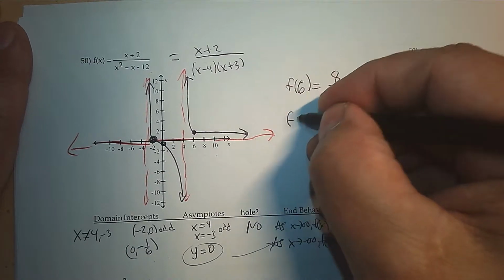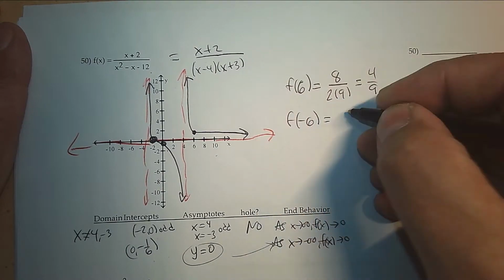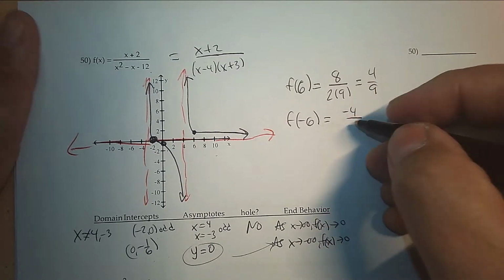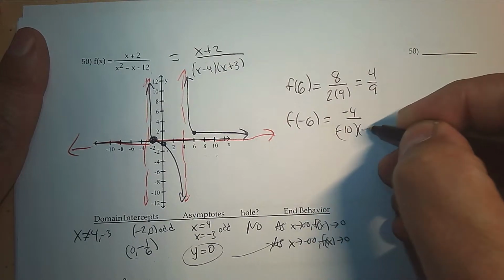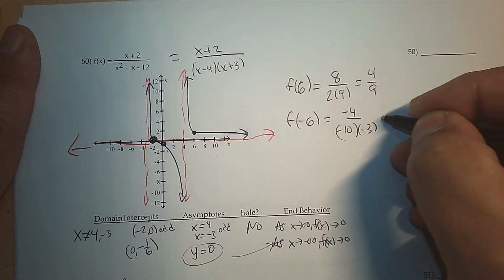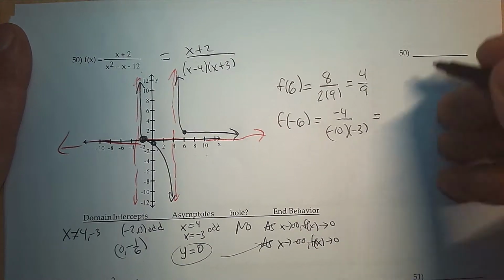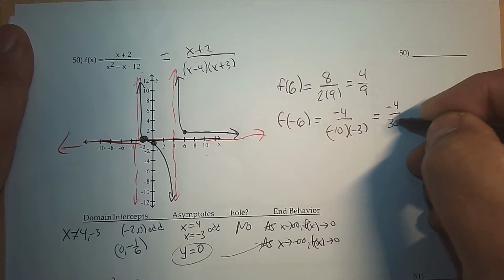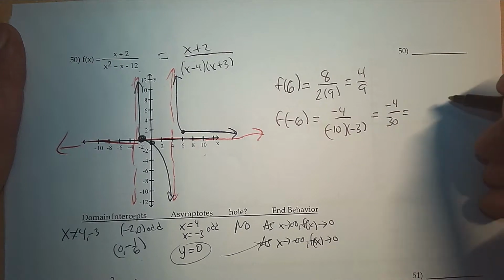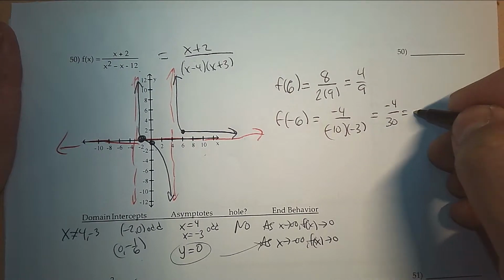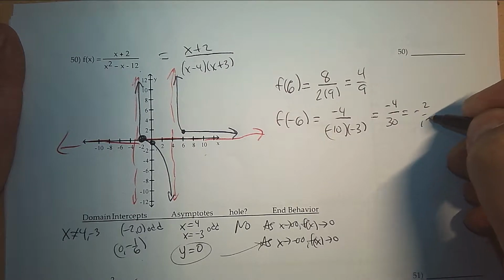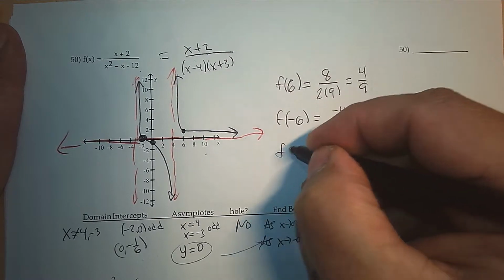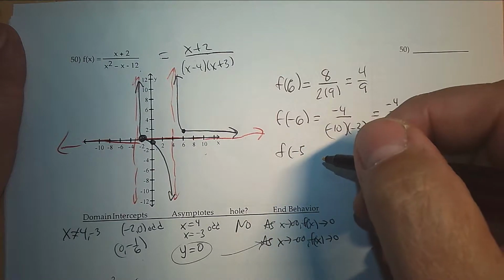On the other side, if I put in negative 6, I get negative 4 over positive 30, which is negative 2 over 15. If I put in negative 5, why did I put in negative 6?